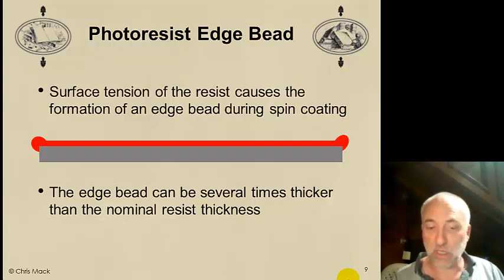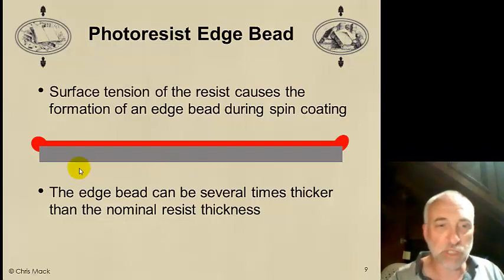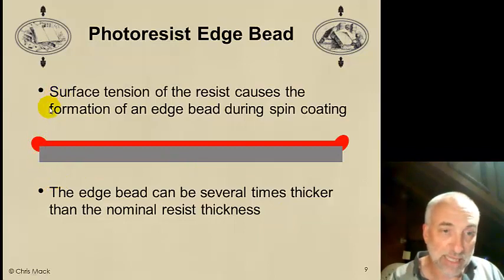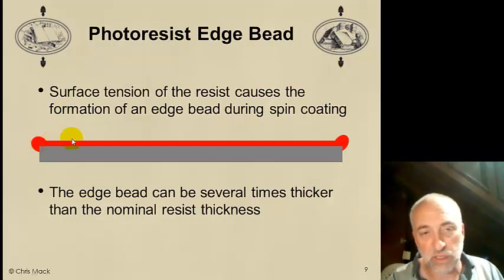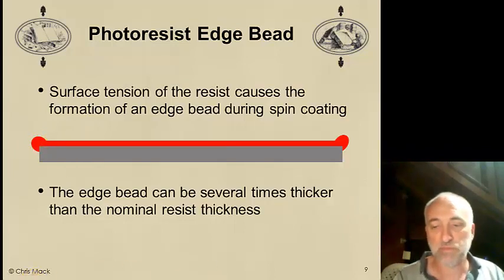We do it right after we're done spin coating, so in the same tool. And generally we just spray some solvent at the bottom and at the top. We spray a little bit of solvent while we spin slowly, just enough to dissolve away the edge bead, but not so much that the solvent will affect the main part of the photoresist at all.